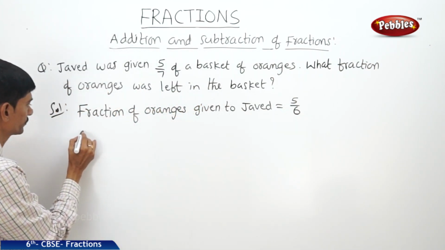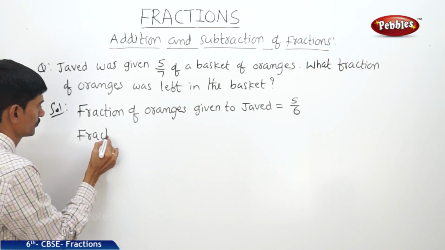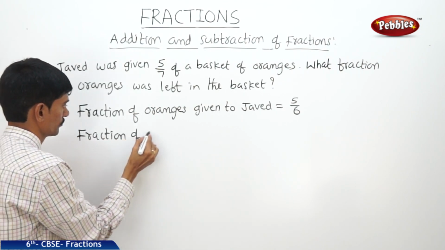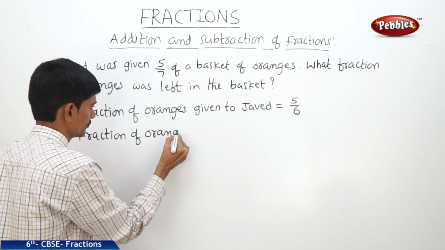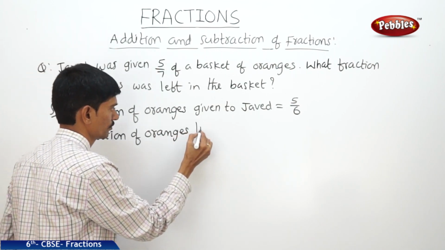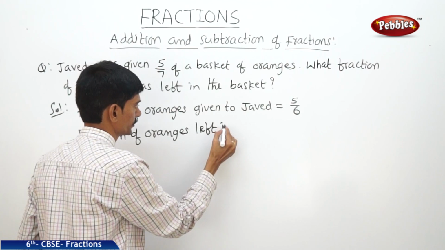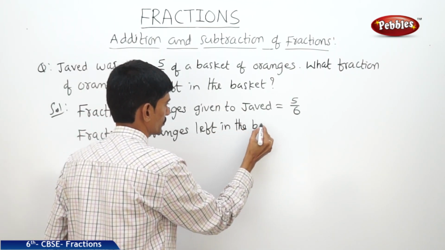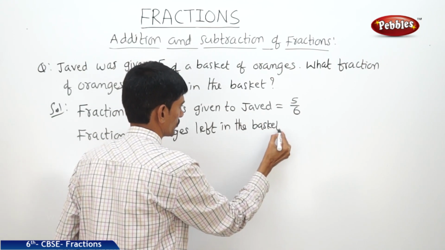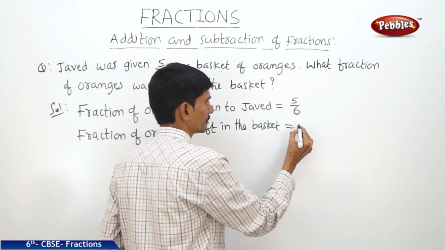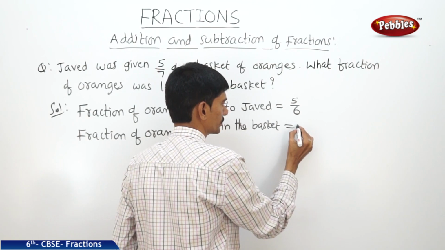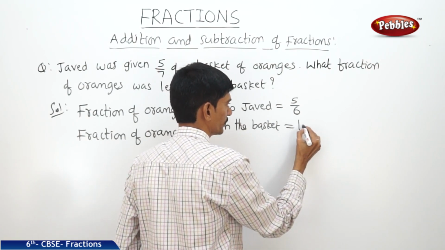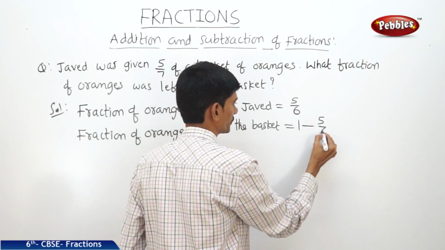Now the fraction of oranges left in the basket equals the whole oranges, meaning the whole basket, 1 minus 5 by 6.